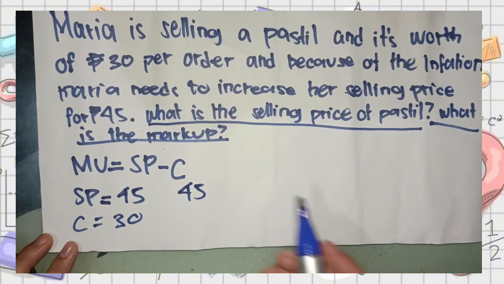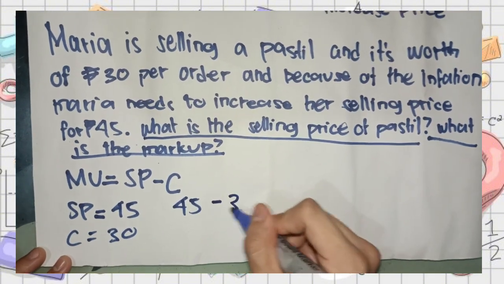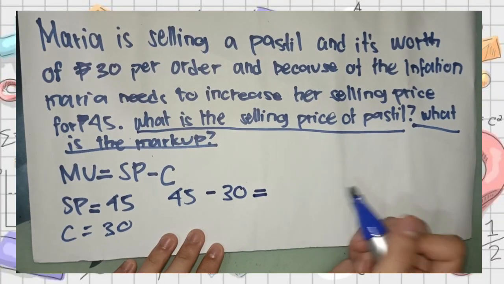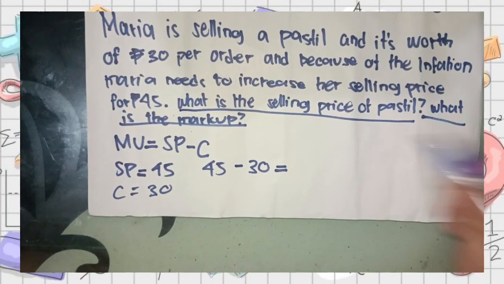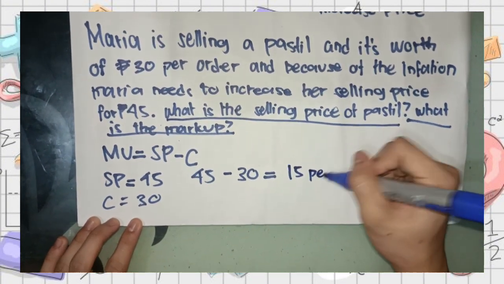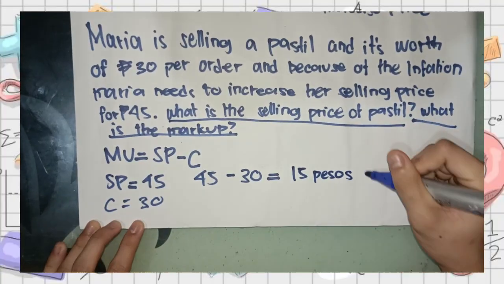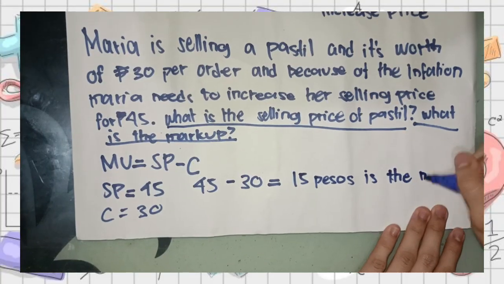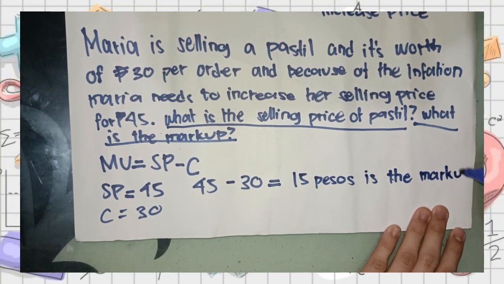Then, tinatanong what is the markup? So, ma-minus natin yung cost or yung original price. 45 minus 30 is equal to 15. So, 15 pesos is the markup of Maria to her pastil.